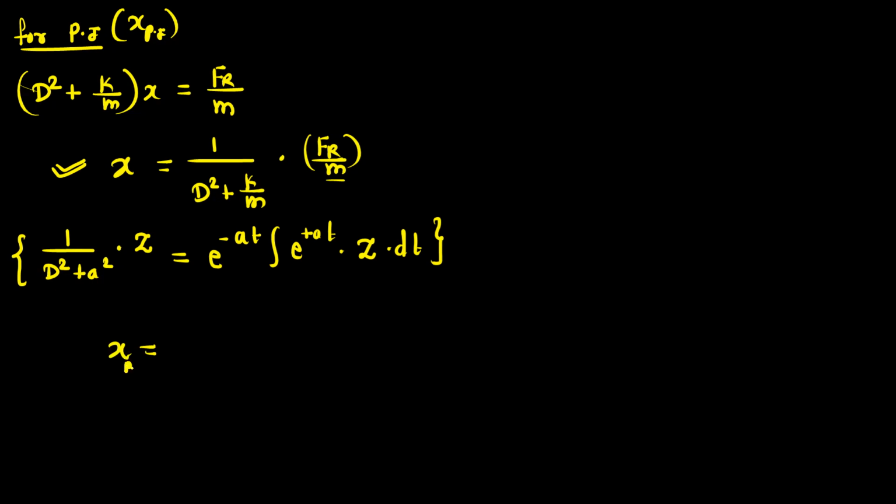So we should use this formula to solve this equation, and therefore x is equal to, so actually this is the x particular integral. So this will become e raised to, now what is a? A is k upon m. Okay, that is the square root of k upon m.